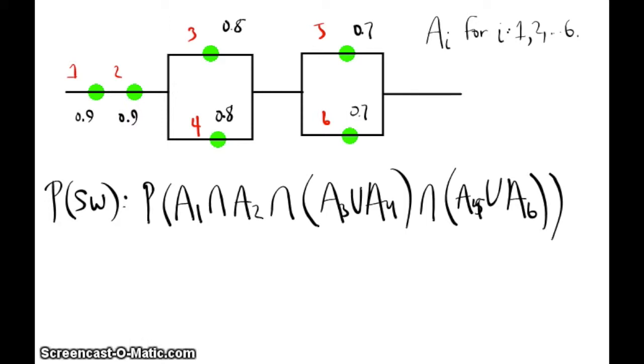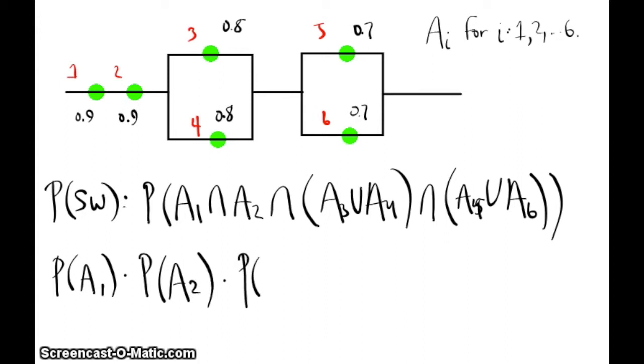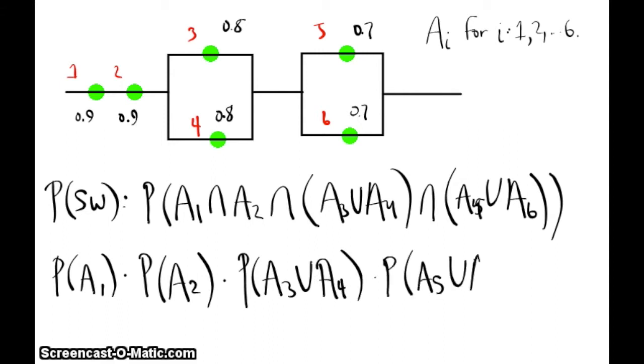By definition, we can make this the probability of A1 times the probability of A2, because that's the definition of intersection, times the probability of A3 union A4 times the probability of A5 union A6. Once again, the definition.